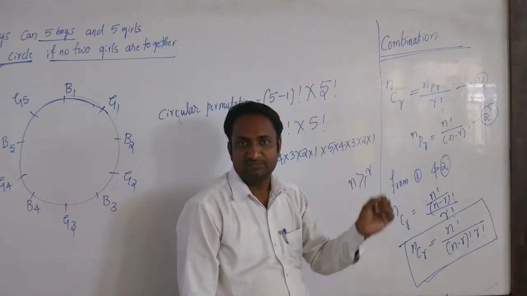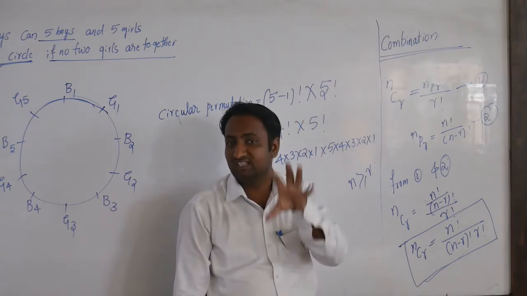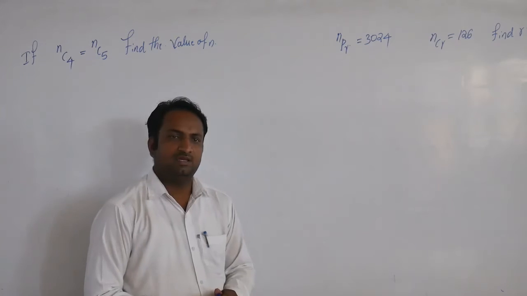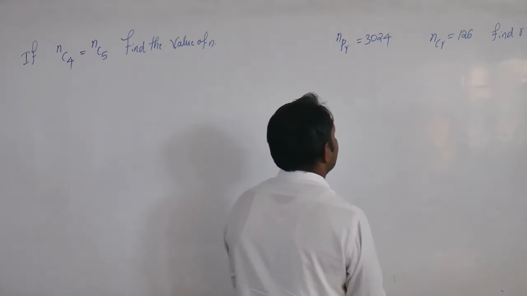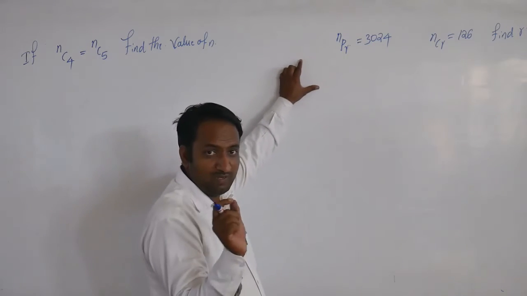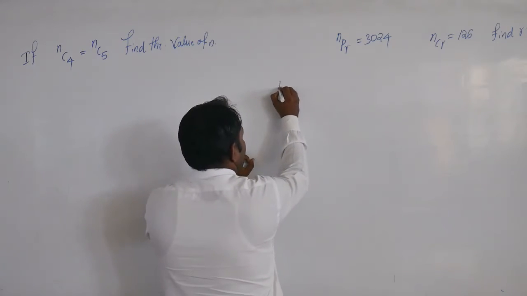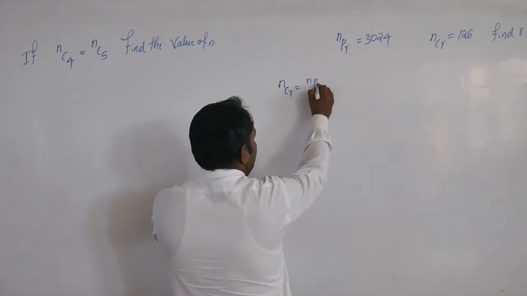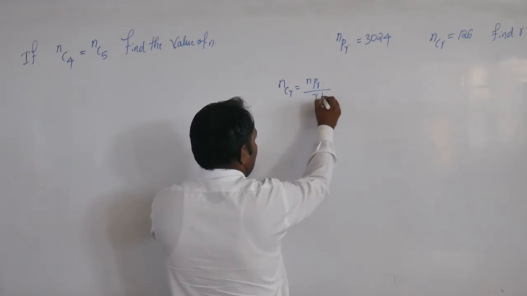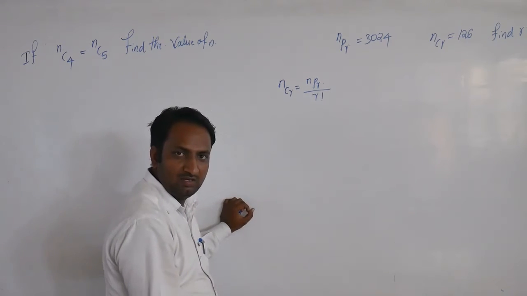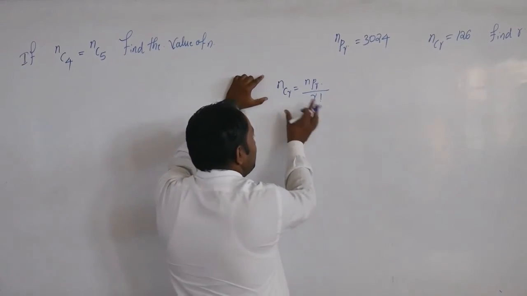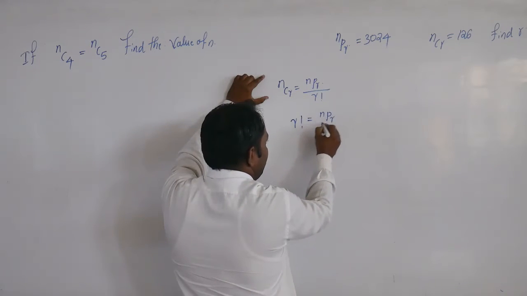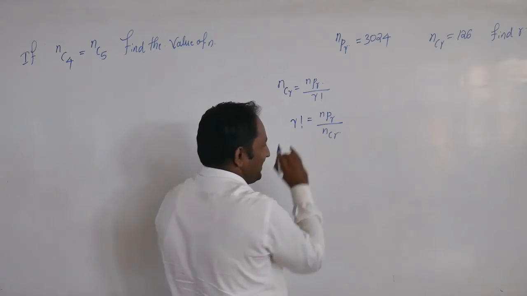Combination means a selection of things belonging to given values. We know the formula for combination: nCr is equal to nPr divided by r factorial. Rearranging these terms, r factorial is equal to nPr divided by nCr.